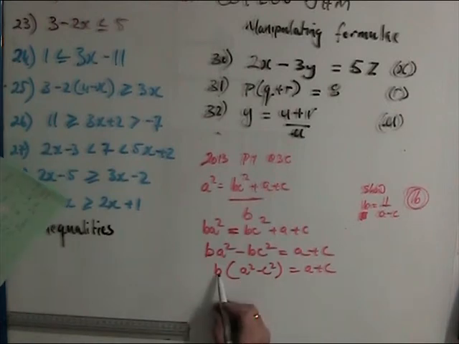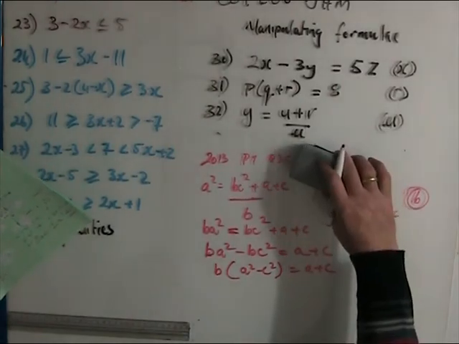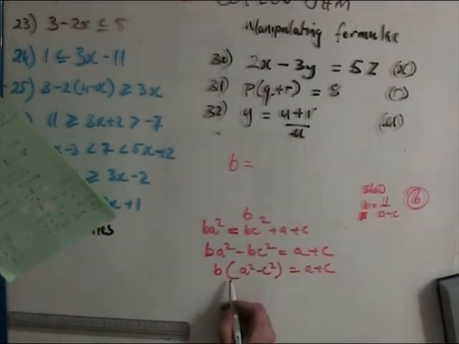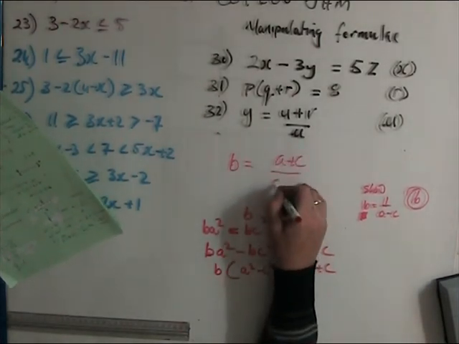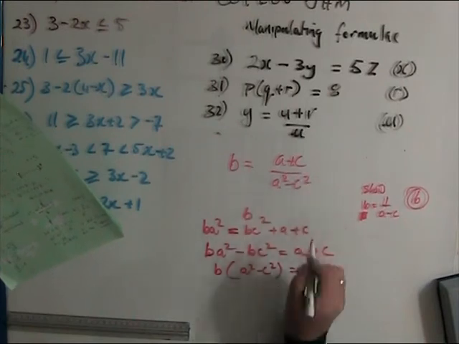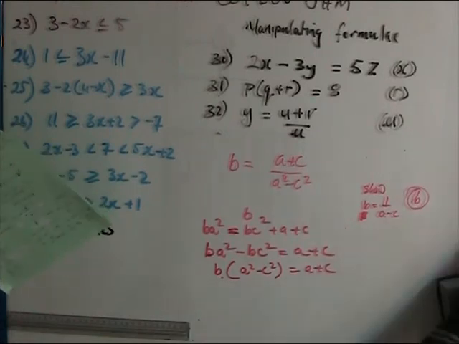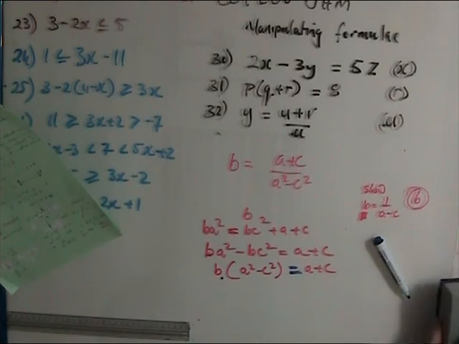Now, if I bring this across, b is equal to a plus c over a squared minus c squared. Do you see what I did? I brought this multiplication over the equal sign and changed it from multiplication to division.